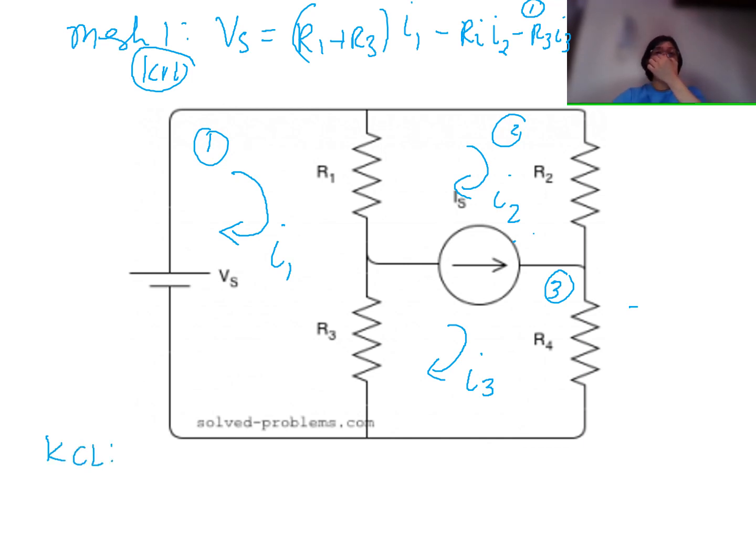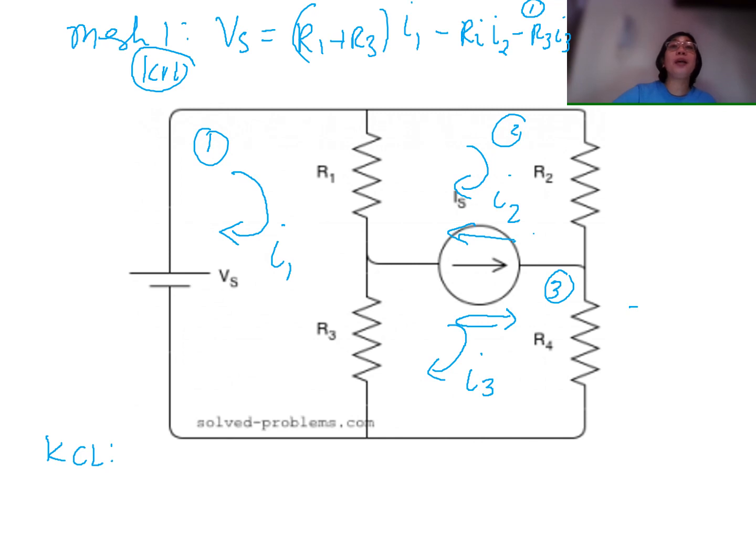Again, we have KCL only if we have a super mesh. As you can see, the current between I2 and I3 follows the direction of IS. Your I3 flows in this manner and your I2 flows in this manner, so it has the same direction as I3 but opposite in direction to I2.